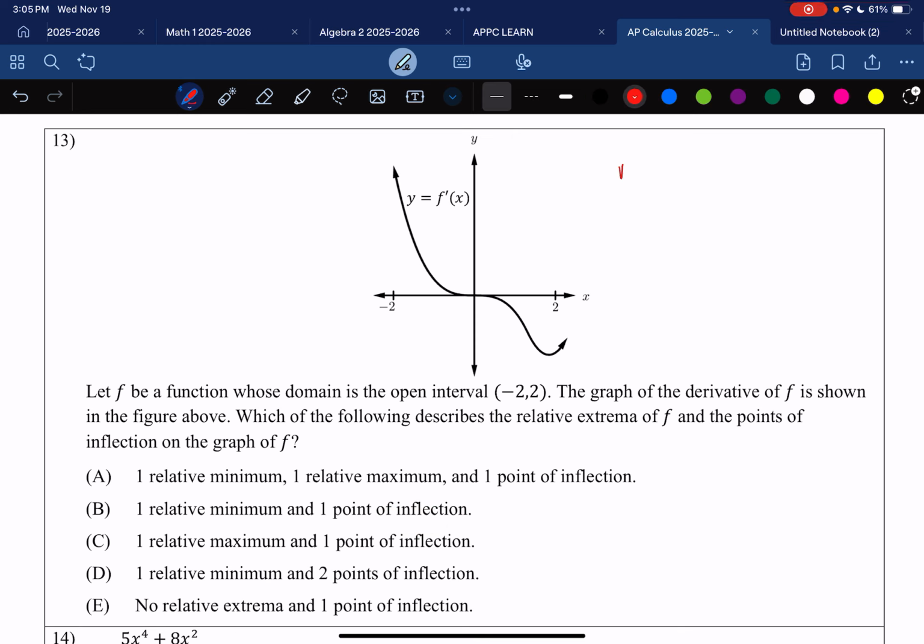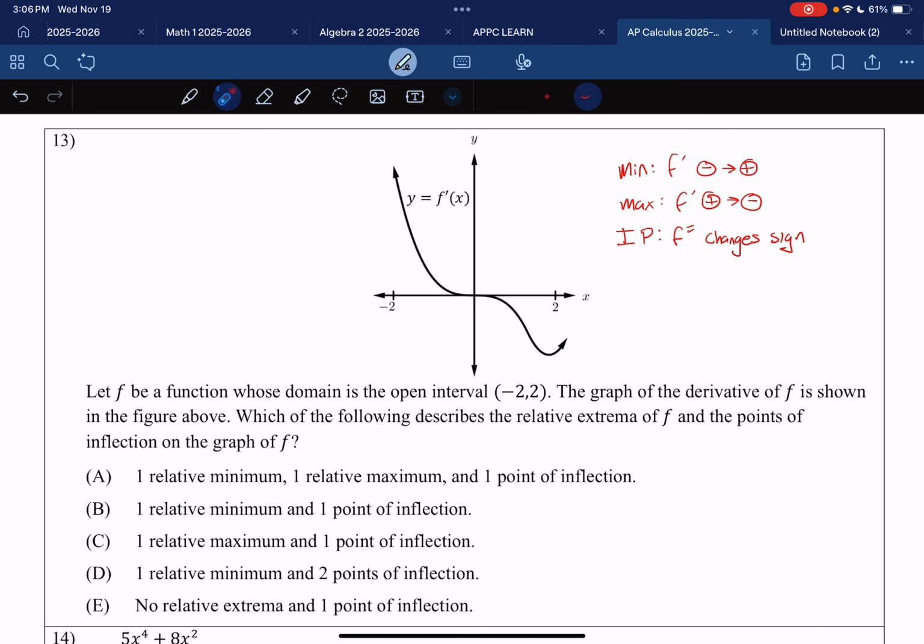So for a minimum, that is where f prime changes from a negative into a positive. For a maximum, that is where f prime changes from a positive into a negative. And for an inflection point, that is where f double prime changes sign.